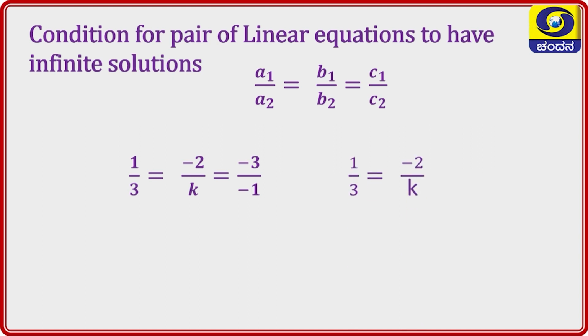Take any two values. 1 by 3 is equal to minus 2 by k. On cross multiplication, k into 1 is equal to 3 into minus 2, that is k is equal to minus 6. This is how we can find out the value of k, children.